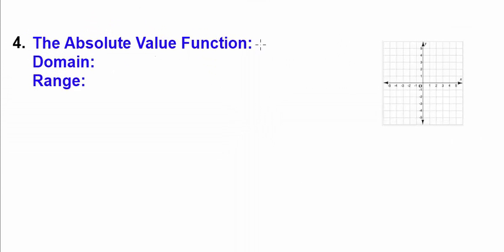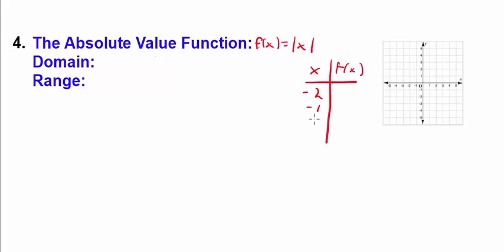The fourth function happens to be the absolute value function, and the absolute value function is represented as f of x is equal to absolute value of x. Again, making a table, we have our x values and our f of x values. So we have -2, -1, 0, 1, and 2. The output for -2 is +2. Output for -1 is 1, and we have 0, 1, and 2. Again, notice some symmetry here.